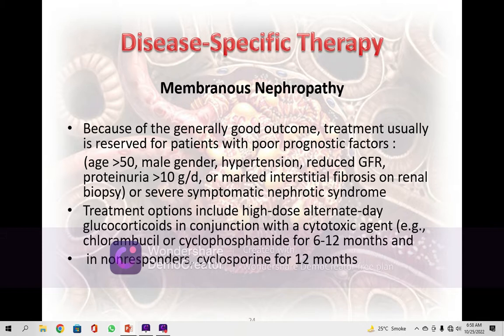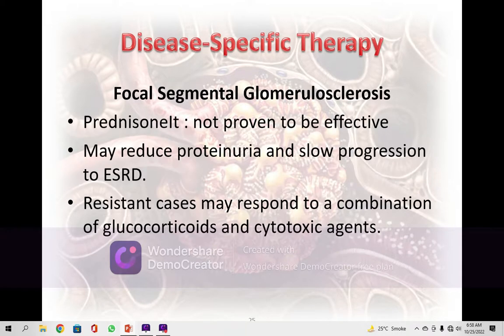Membranous nephropathy generally has a good outcome, and you can give glucocorticoids along with immunosuppression, for example chlorambucil or cyclophosphamide, for 6 to 12 months. If it is non-responsive, then cyclosporine should be tried for 12 months, 1 year.